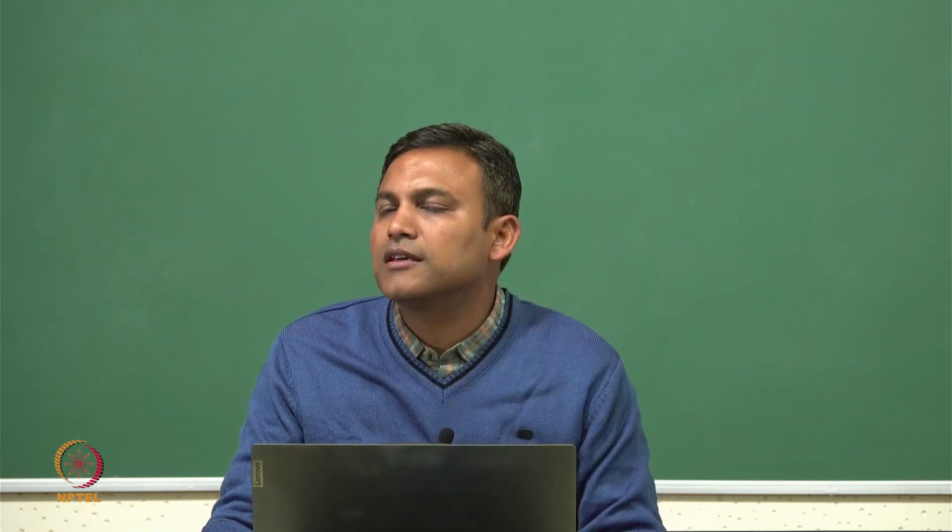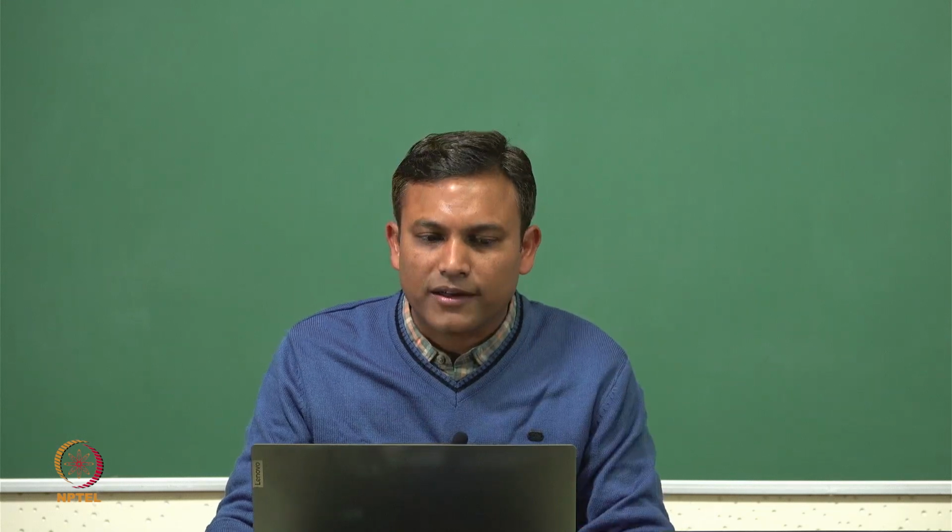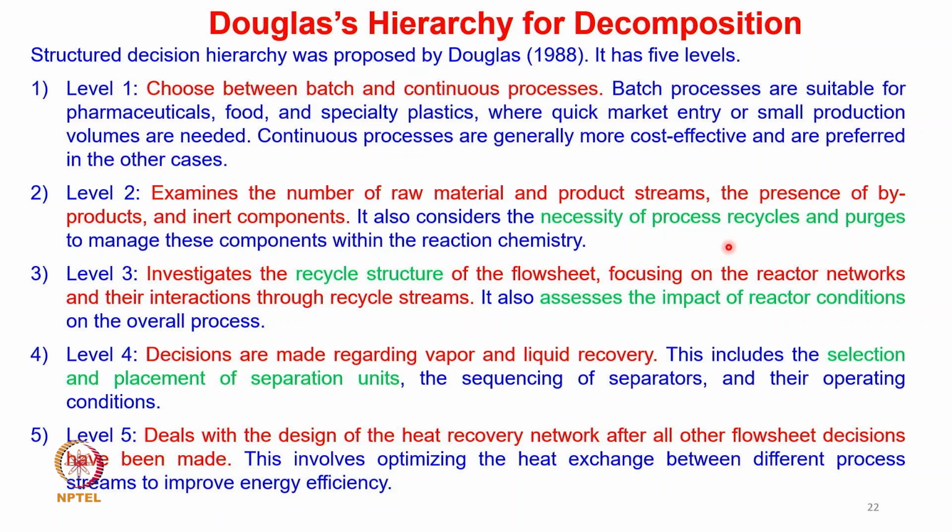For instance, if the feed is not pure, in that case we might require a purge, or if the conversion is not high, in that case we might require the recycle of the raw material. So based on the reaction chemistry, these decisions have to be taken by analyzing the raw material and the product streams.